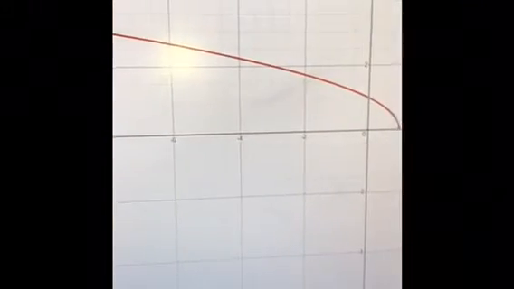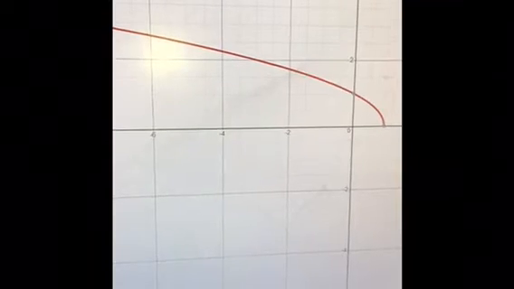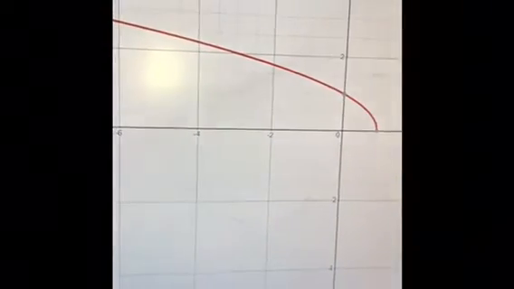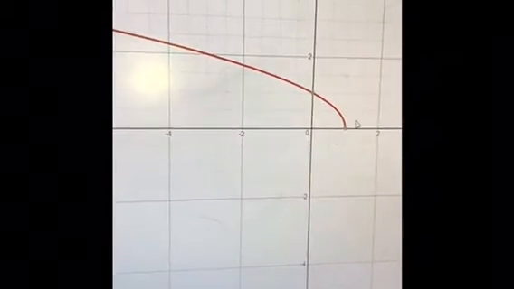So here on the screen I have this graphing calculator, and I've already plugged in the first one, which is negative x plus 1, so P of x. And we come over here to the graph, and we notice that the point right here is at 1, 0.